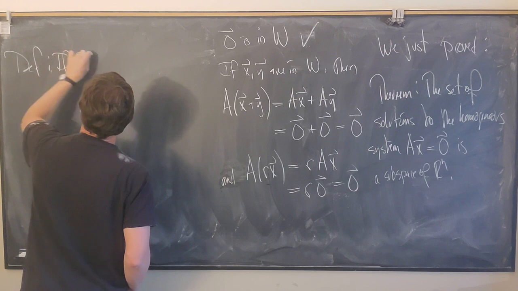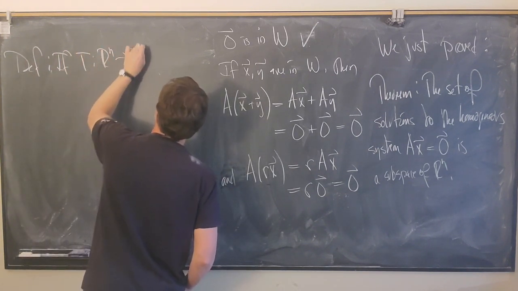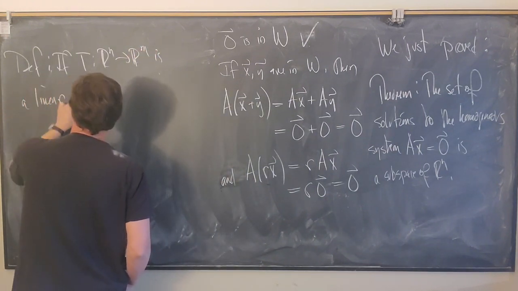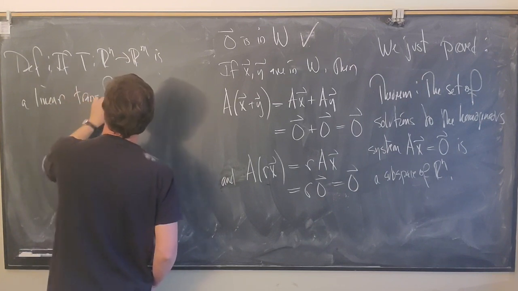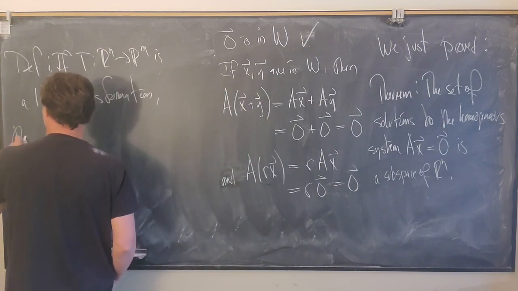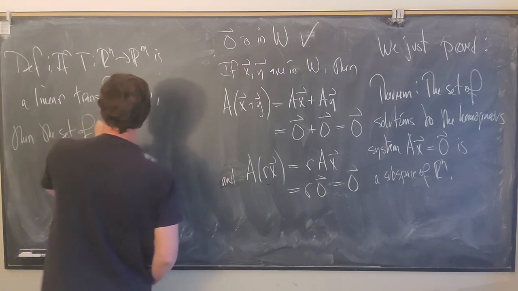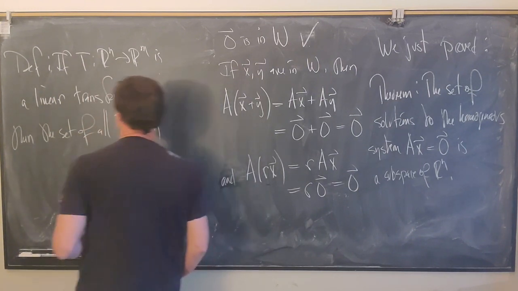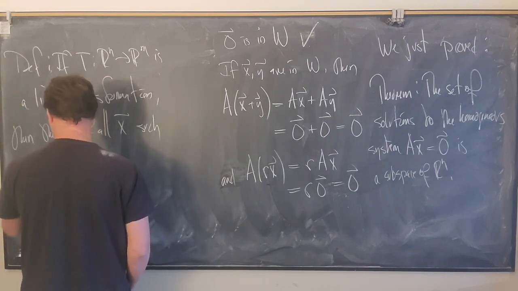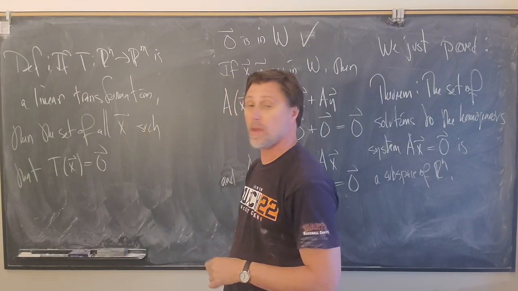So if T from Rn to Rm is a linear transformation, then the set of all x such that T of x equals the zero vector has a name.